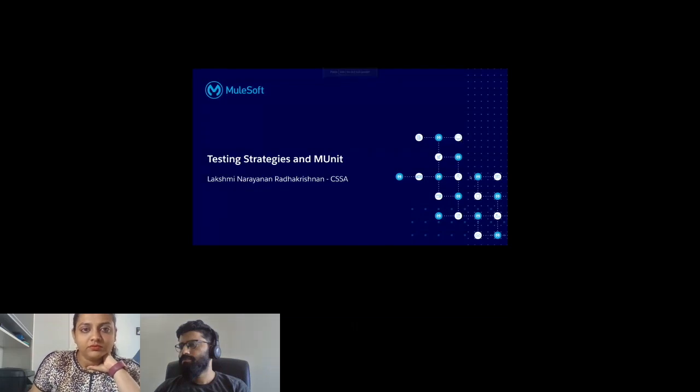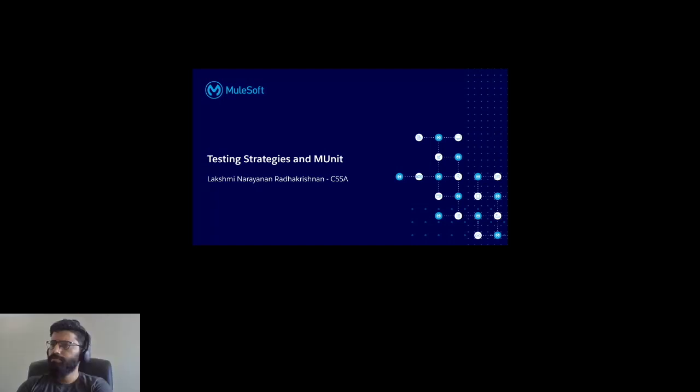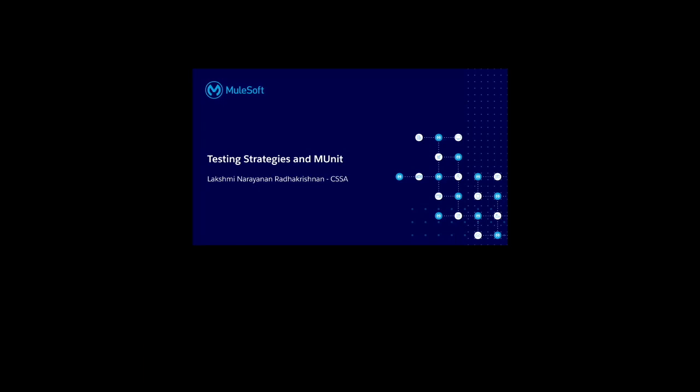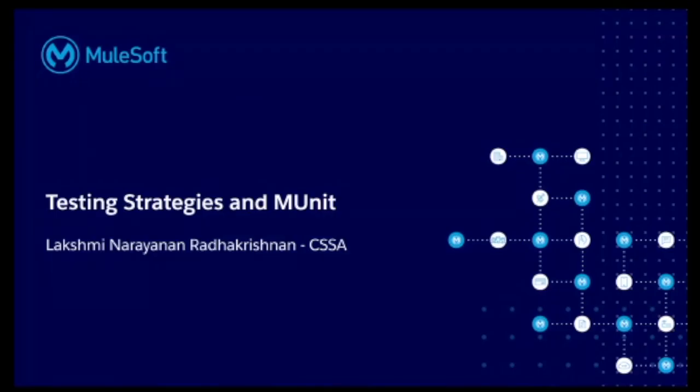Okay, cool. I'll start off with the important testing strategies that apply to Mule applications. I'll talk about MUnit, and also show a quick demo of the MUnit test recorder, just to show how easy it is to automate your test creation process. Writing MUnit test cases is easy, but it's even easier if you can automate it.